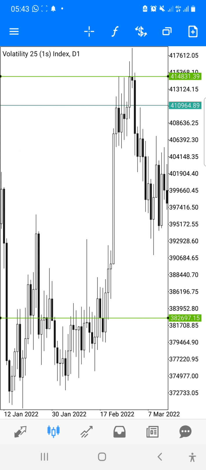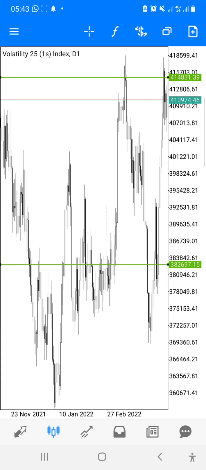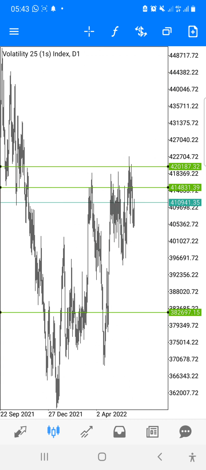So we want to sell at this point here at 414,831, and our stop loss, because it's not a confirmation entry, will be around 420,187. Our take profit is 382,697.